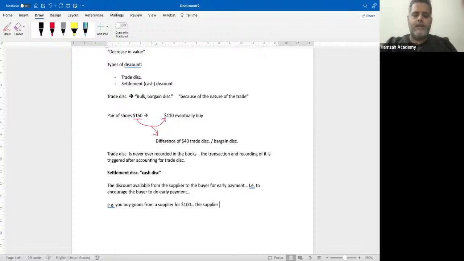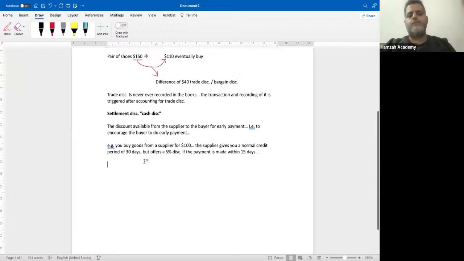The supplier gives you a normal credit period of 30 days, but at the same time offers a 5% discount if the payment is made within 15 days, right? Now you have bought the goods from the supplier for $100, right?